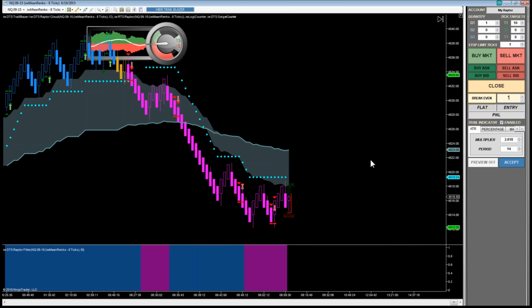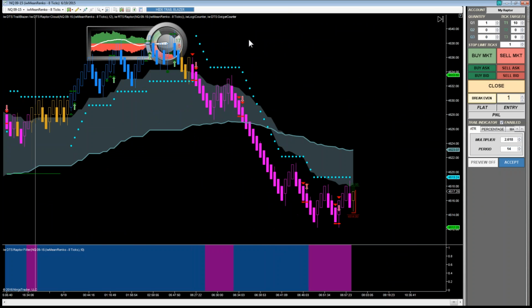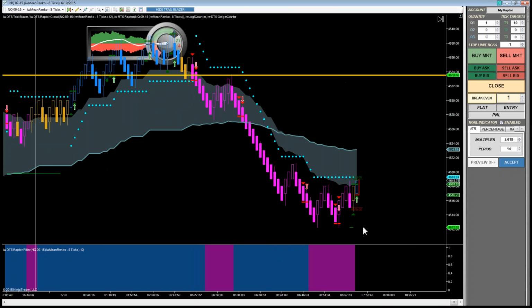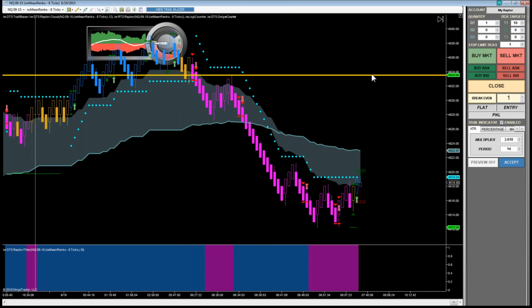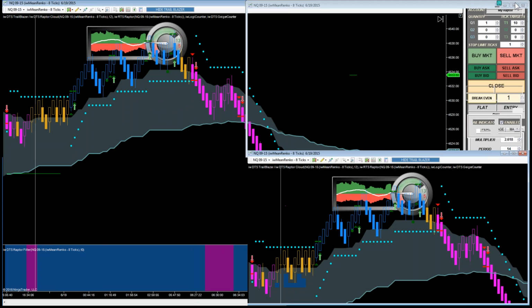So our opening range is going to end up being from about, well, there it is right there to there. Put that back on the shelf for the moment.